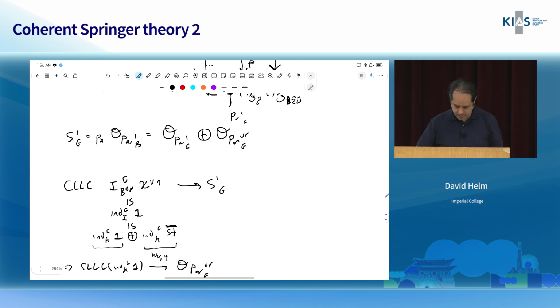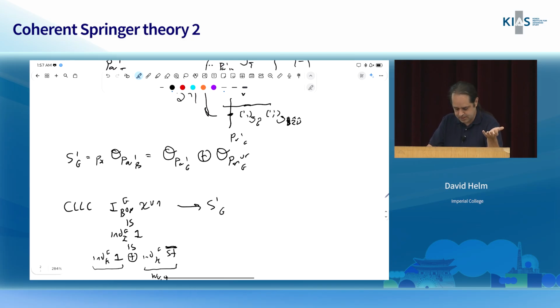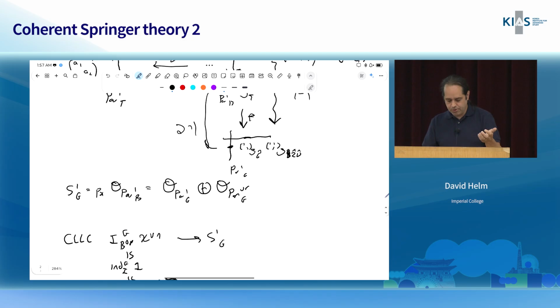And the space of spherical functions is certainly a compact object. It's a compact induction in degree 0. So it's a finitely generated projective in degree 0. So it should go to a compact object. But in the category of quasi-coherent sheaves, the compact objects are the perfect complexes. And this is not a perfect complex, right?